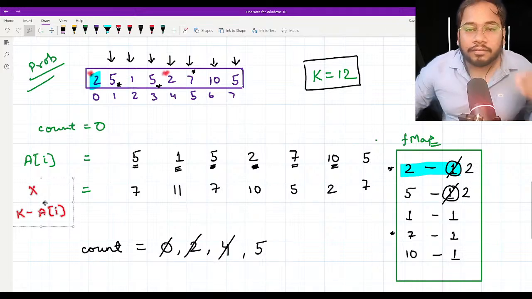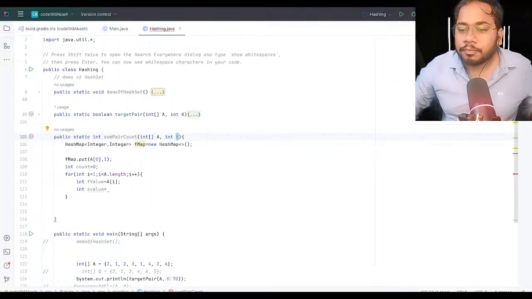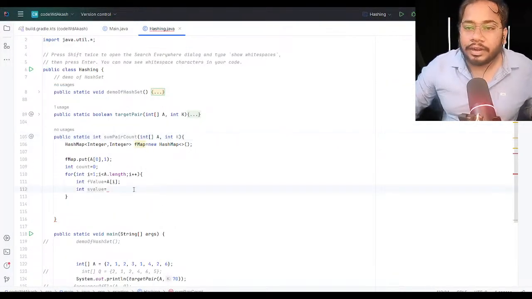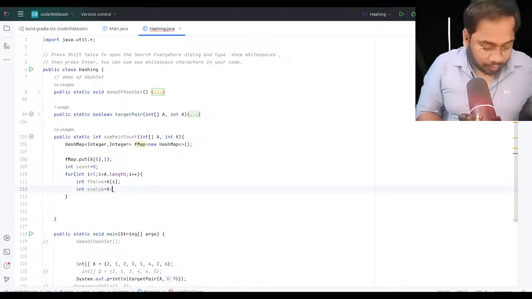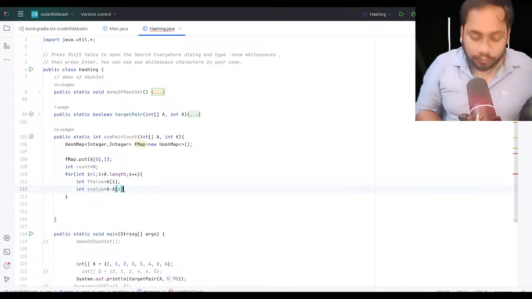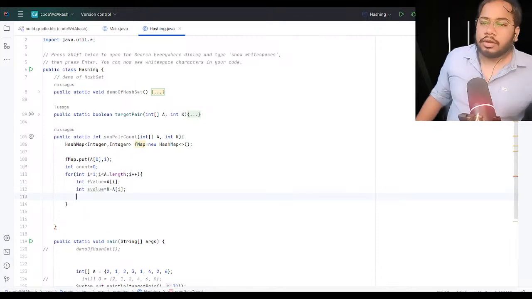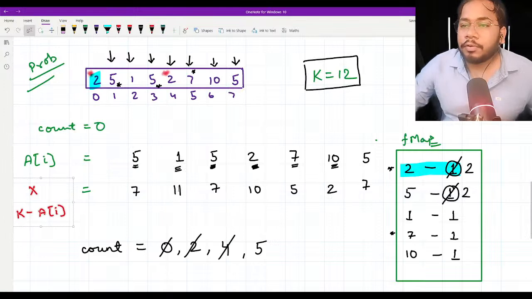Here x is representing the second value, and that is k minus a of i. So let's go back. So it is k minus a of i. Got it. Now what we have to do?